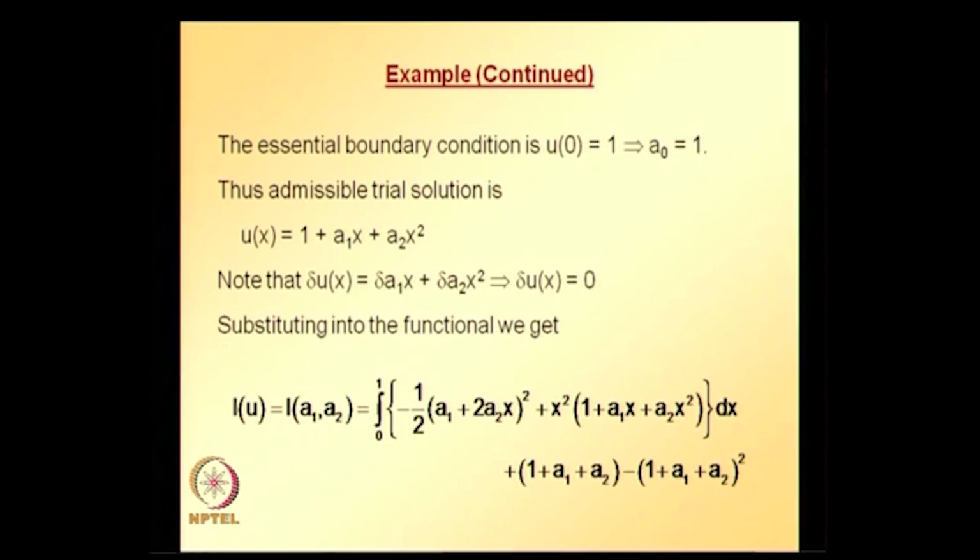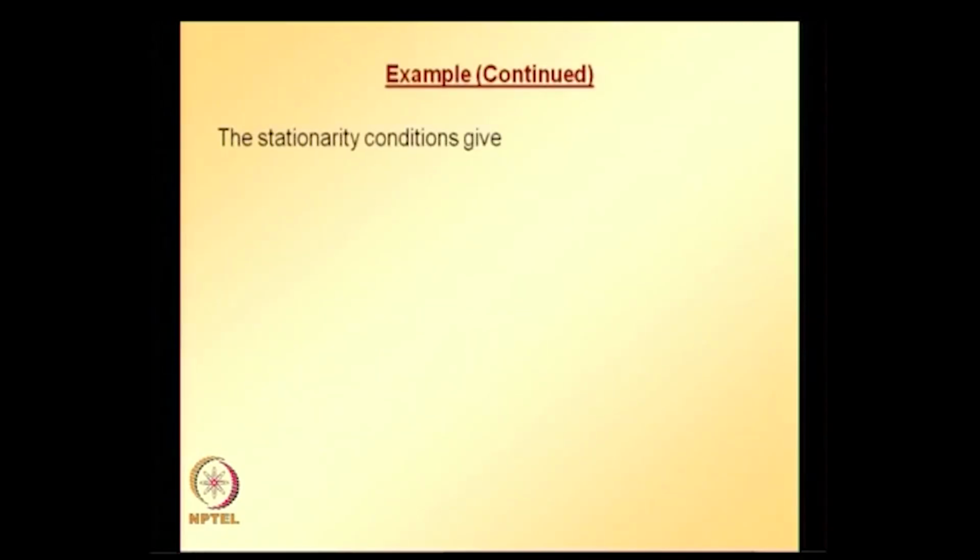Substituting the admissible trial solution into the equivalent functional, it becomes a function of two unknown coefficients a1 and a2. Okay. All this is similar to what we have done in the previous problem. Now variation of I should be equal to 0, which is possible only if the partial derivative of I with respect to the unknown coefficients is equal to 0.